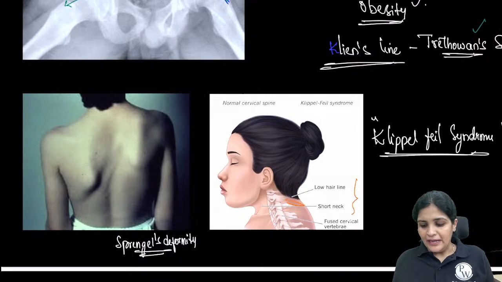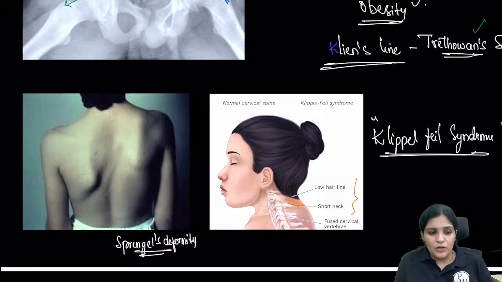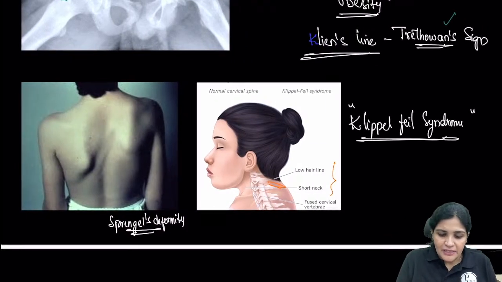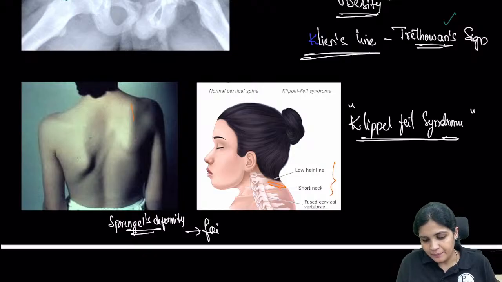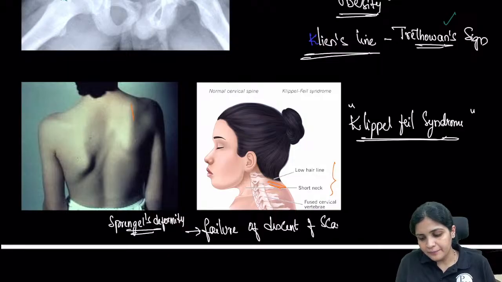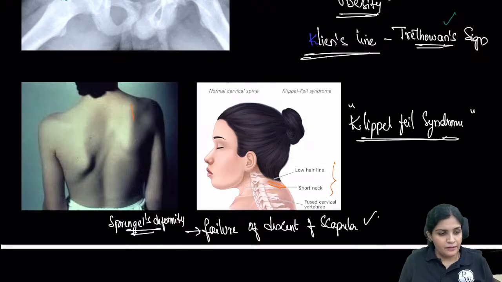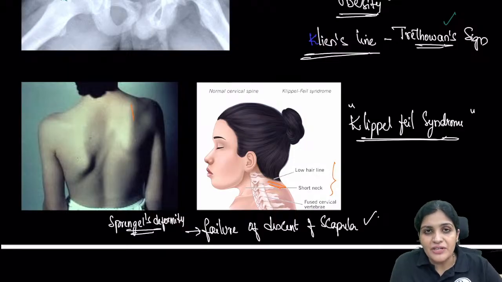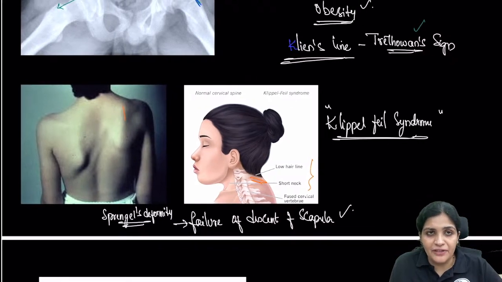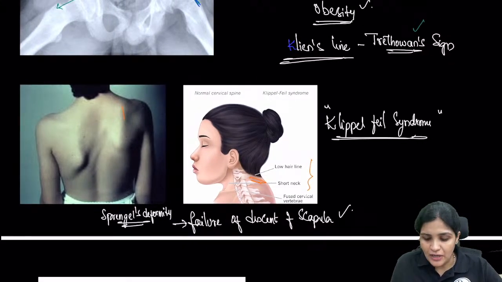There will be a low hairline, short neck, and fused vertebrae. And what is Sprengel's deformity? There is failure of descent of the scapula. These two are congenital syndromes which you have to remember.